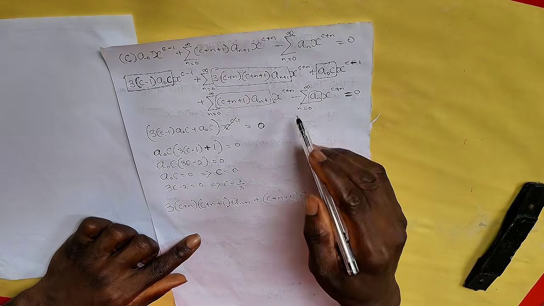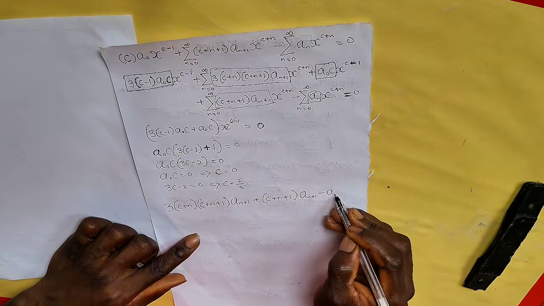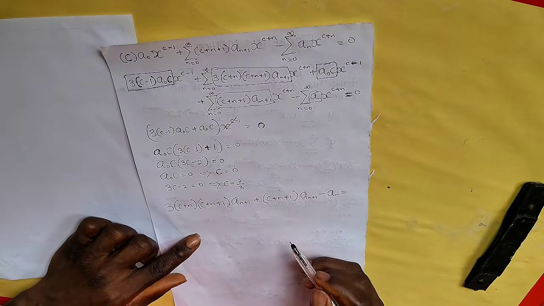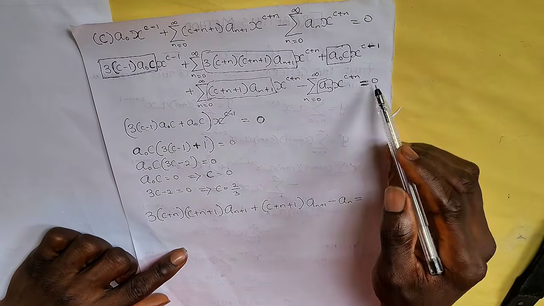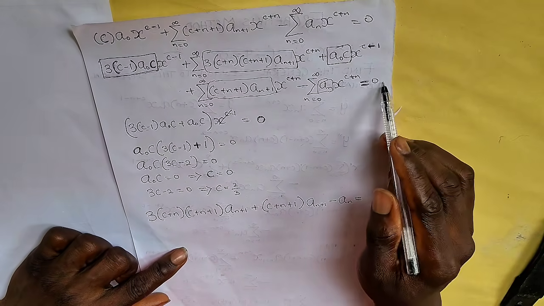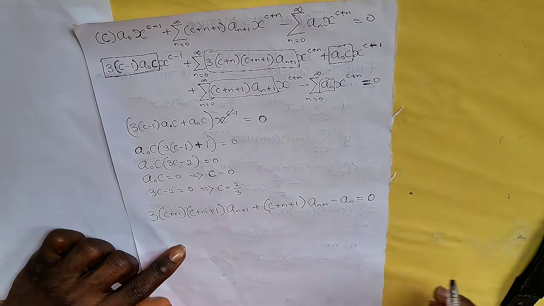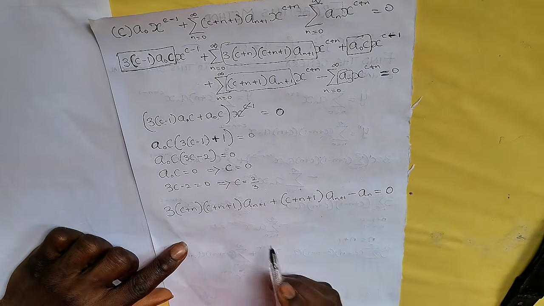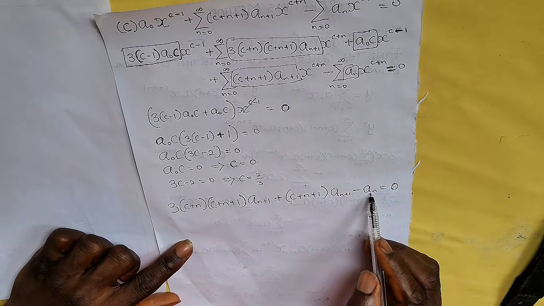If you look at this, I'm only having a n before the power, before the x to the power c plus n, and a n is having a minus sign there. So I'm going to have minus a n. I'm going to equate it to the one that has the power x raised to power c plus n on the right hand side. On the right hand side there is none having it, so it's 0. I'm going to equate it to 0. You can see that this is having a n plus 1, but this is only having a n.